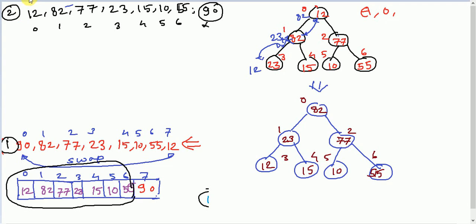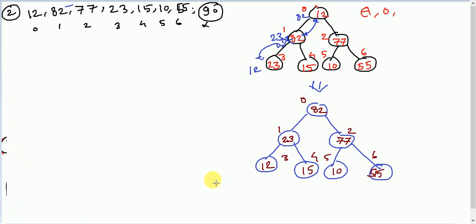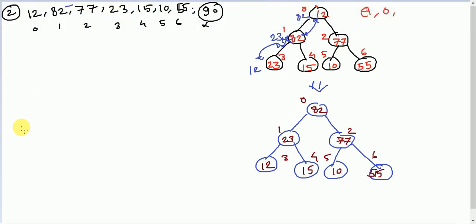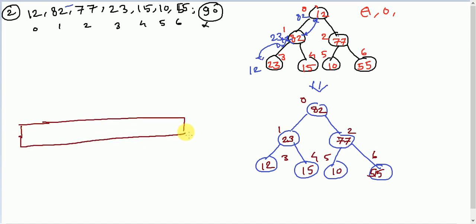Now if I want to represent a particular heap in the form of an array, see, this is our actual array of size 8, with indices 0, 1, 2, 3, 4, 5, 6 and 7.